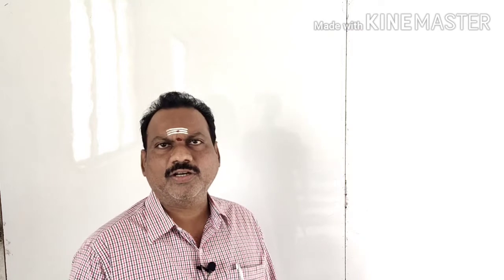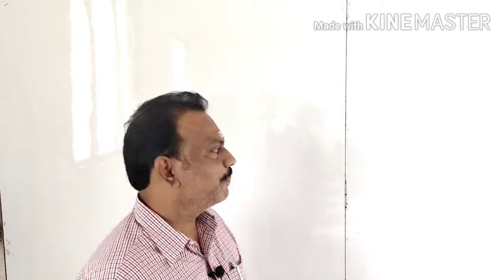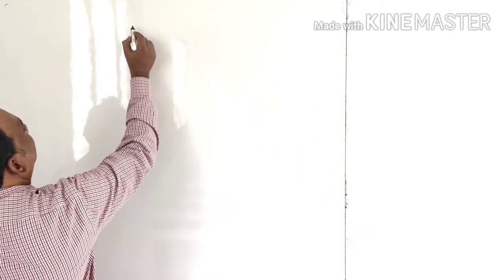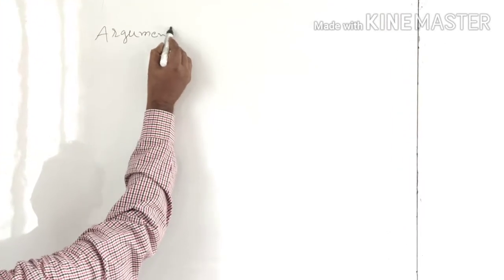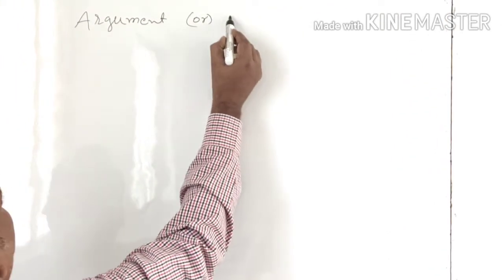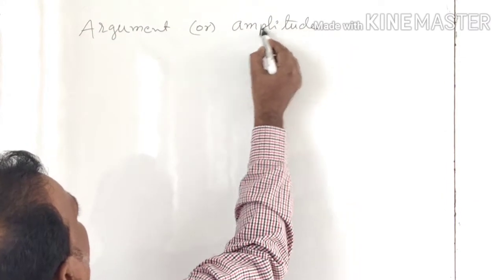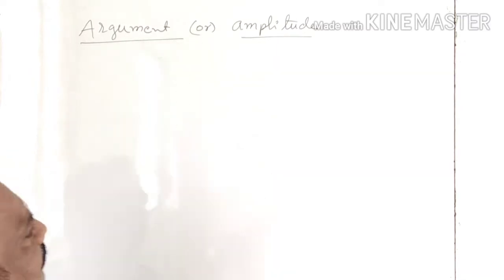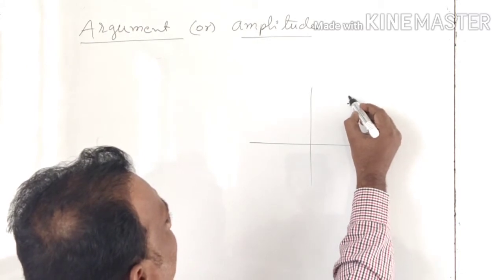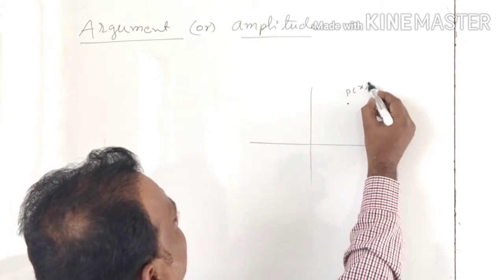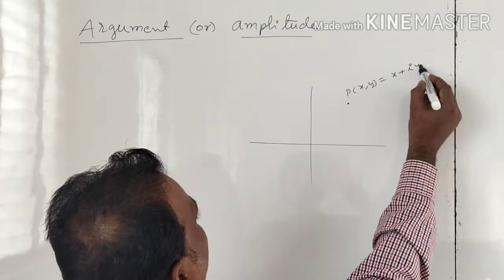Clear, students? So what is the formula to calculate the argument or amplitude of a complex number? See here. Argument or amplitude. If you consider a point on the complex plane P(x, y), this is written in complex number form as x plus iy.